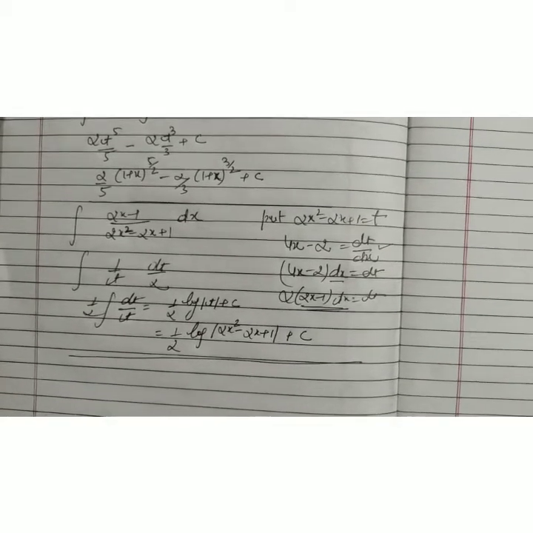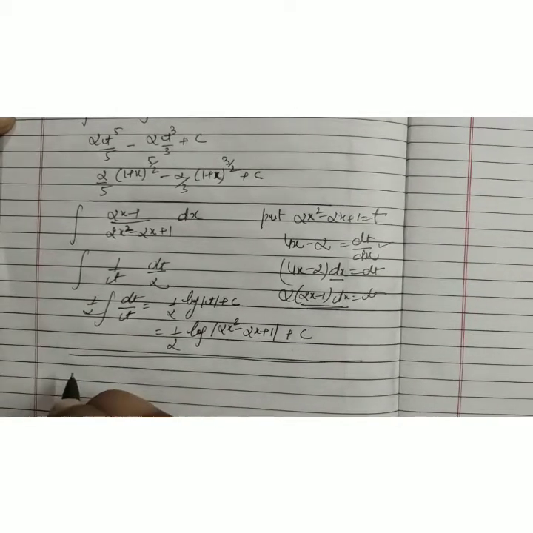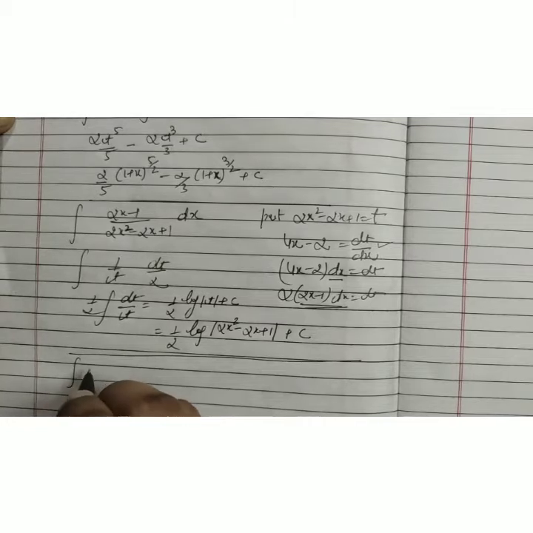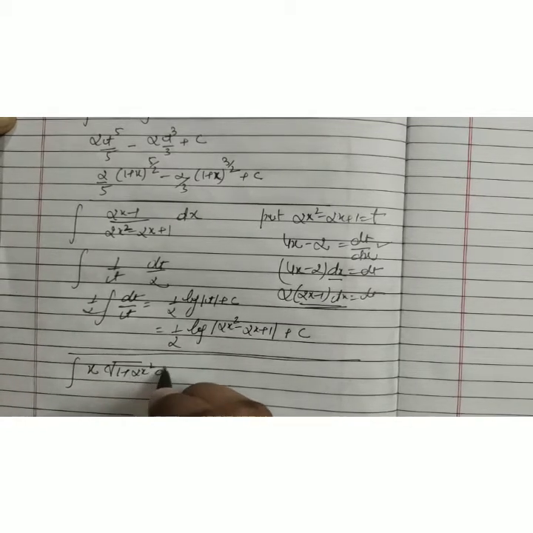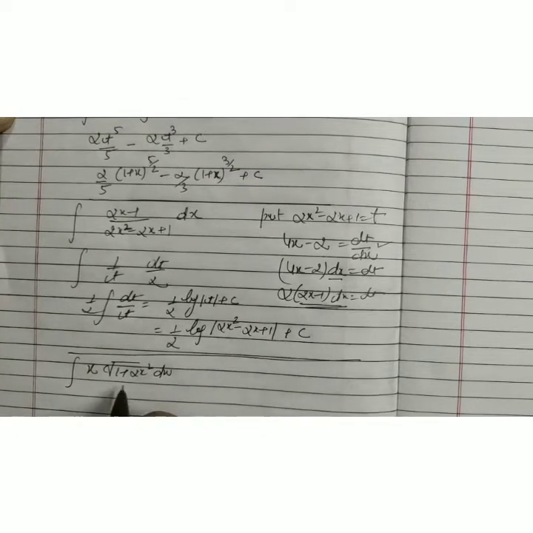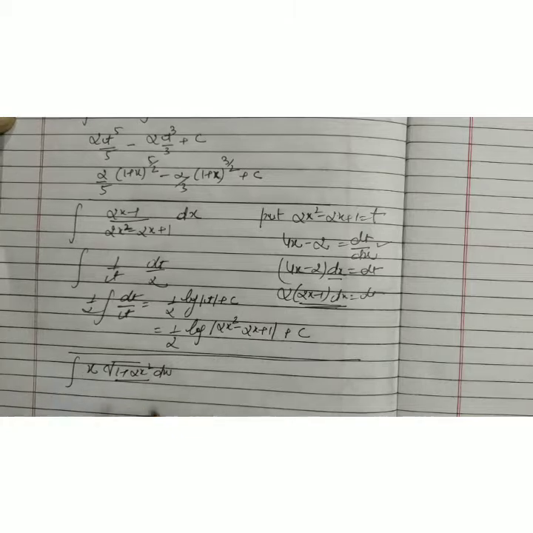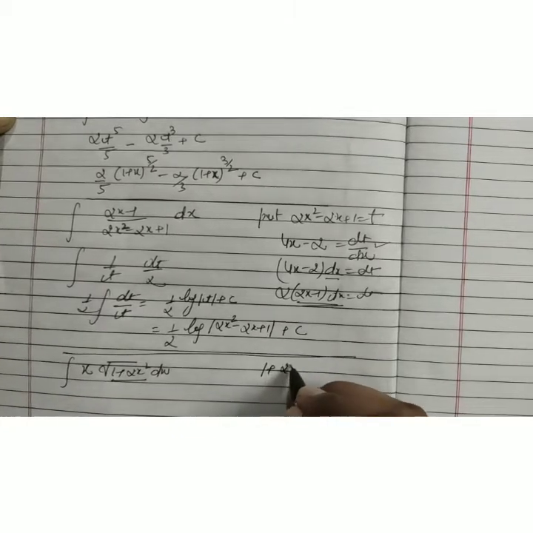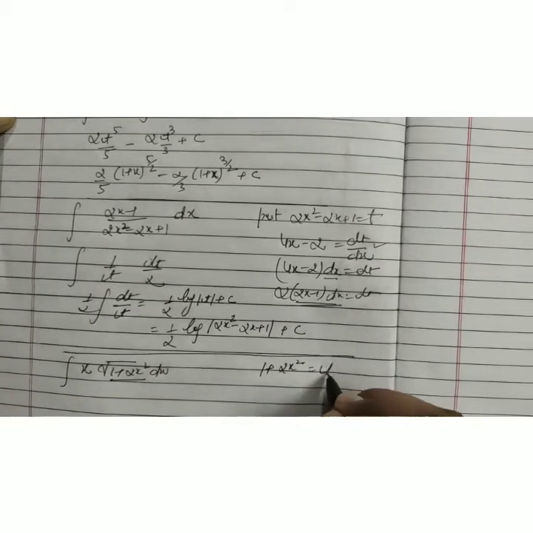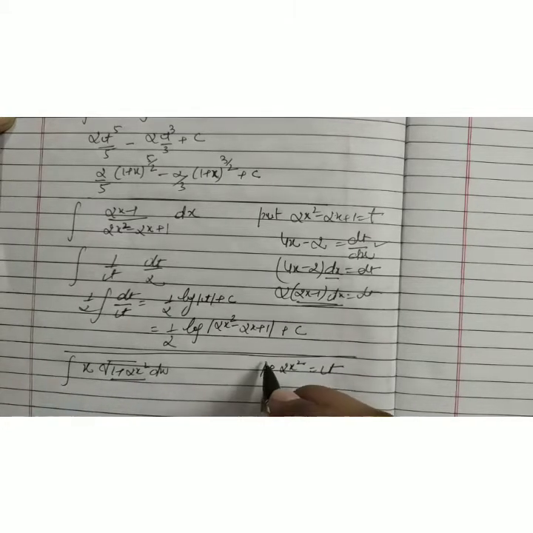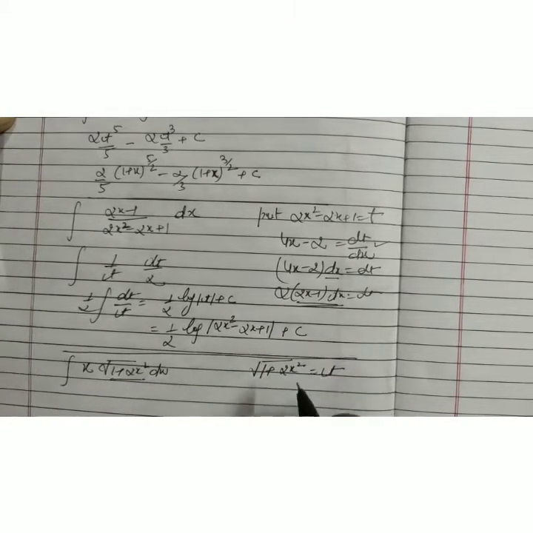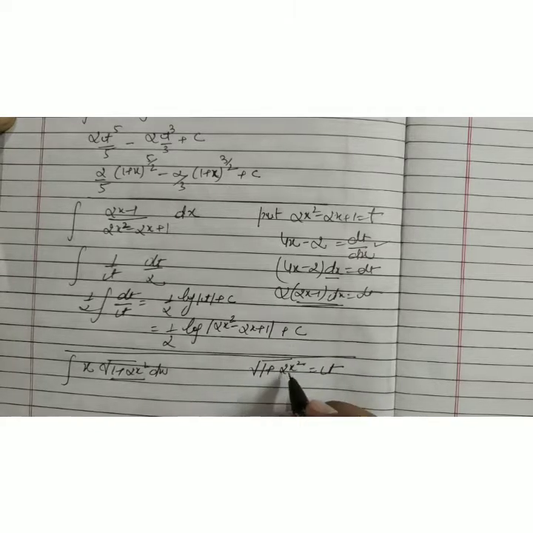How can we use the substitution method? Another example we are taking here, integration of x with square root of 1 plus 2x square dx. If you see here, the derivative of this term, which is a quadratic, becomes linear. So we are putting 1 plus 2x square with value as t. We can choose the square root also, so we can take the square root here, it is our choice. We can take it with the square root, otherwise without the square root.